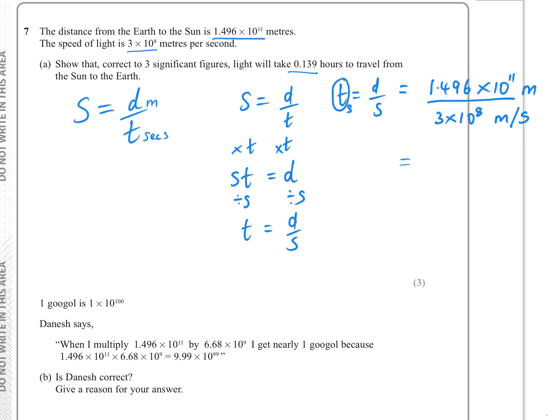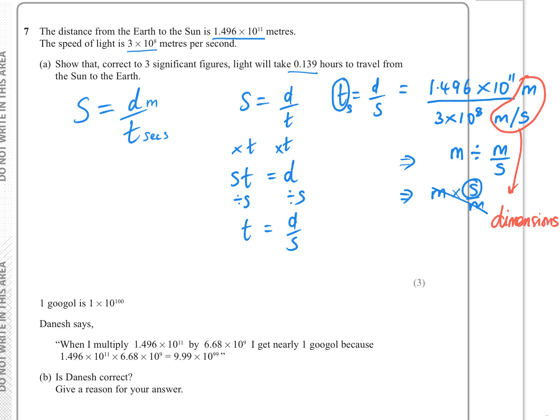Well, if you look at these units here, if you've got metres divided by metres per second, that's the same as metres times seconds over metres, and the metres cancel and you're left with seconds. So you can check the dimensions here, I'll write this word down, it's quite important, dimensions will always give you a clue as to what's going on.